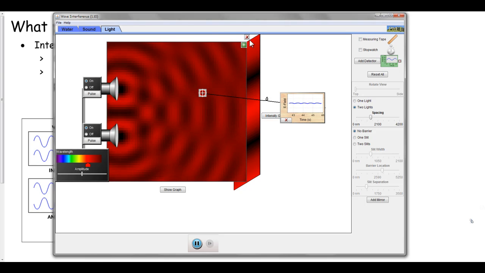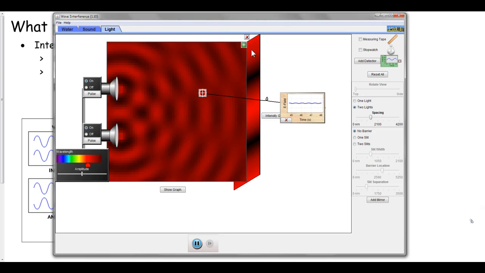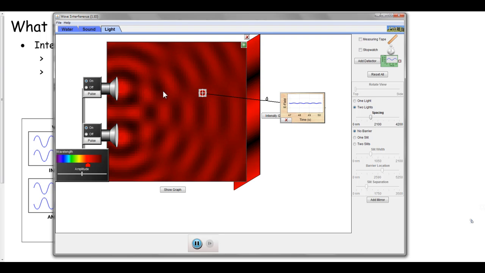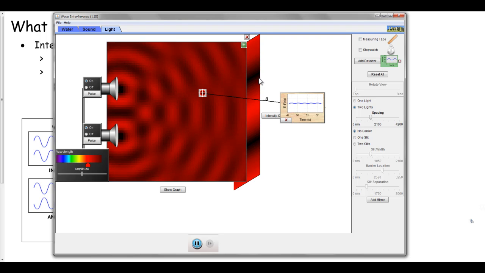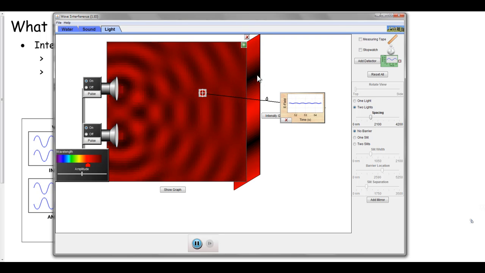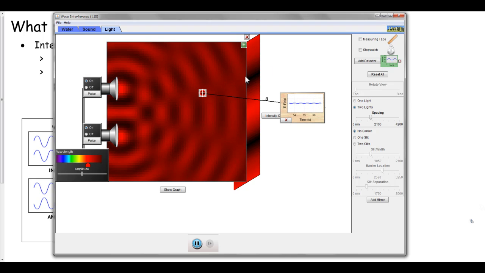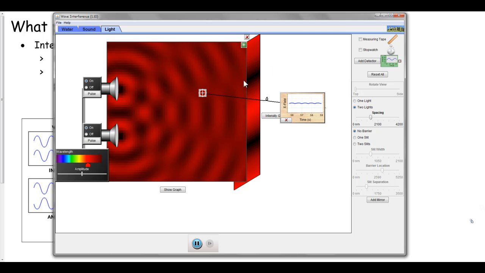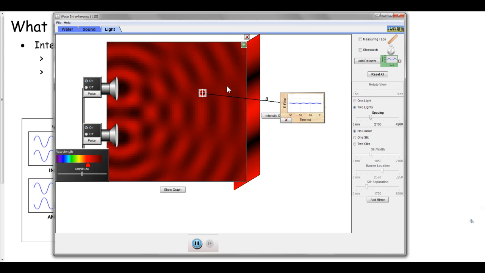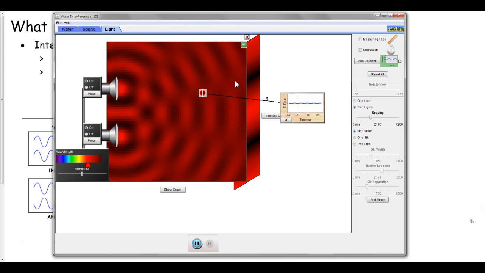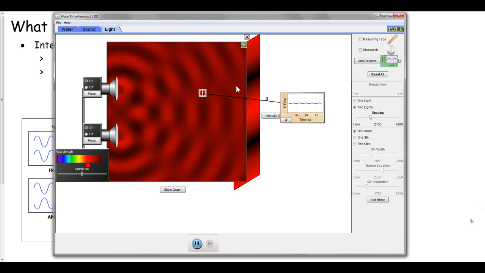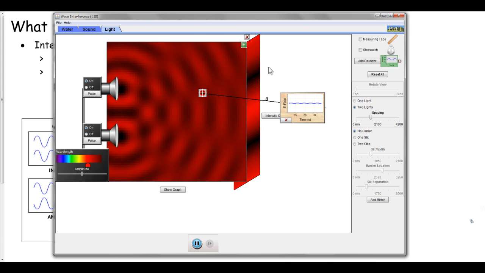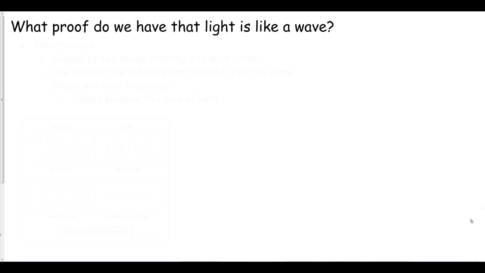I get spots where I have bright intensity light, which is where I have constructive interference, and I get places where I have almost no light or no light at all. And this is total destructive interference. Now, this is one of the greatest evidences that we have to show that light behaves as waves. That concludes the light and wave comparison.